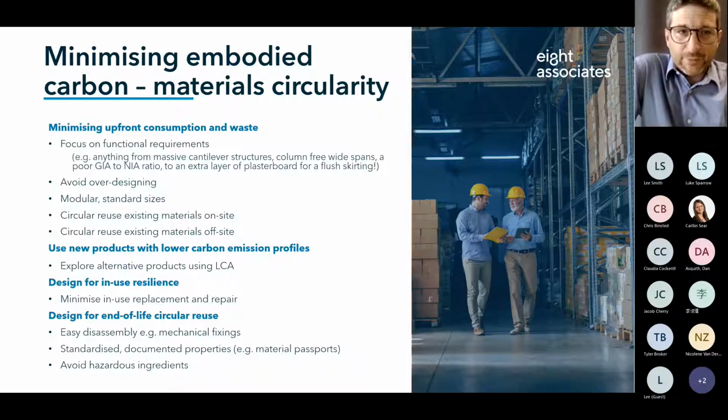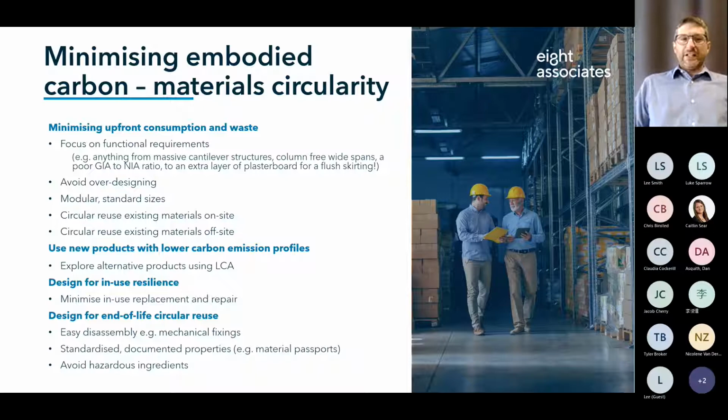And so that could be anything from avoiding massive structures to achieve a cantilever, or big wide spans that perhaps aren't actually needed for the function, but certainly mean you need a lot more material to achieve them. Other things like a poor GIA to net internal area ratio.